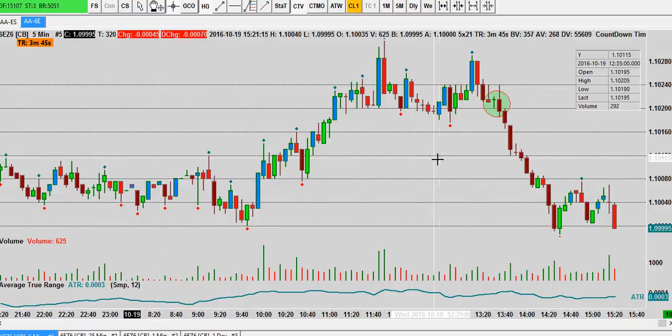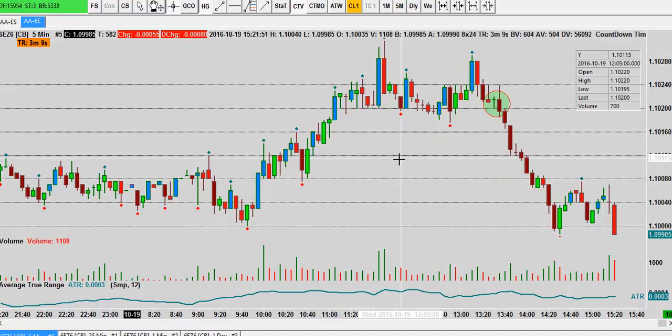As you can see here, when the first resistance bar was completed and price started retracing to that bar, we are searching for a lower high pivot and a short signal bar to go short. This is our first opportunity here because we have a potential lower high at the moment these two bars were formed and completed, and also a bearish engulfing bar.